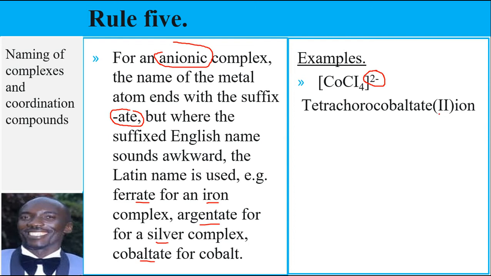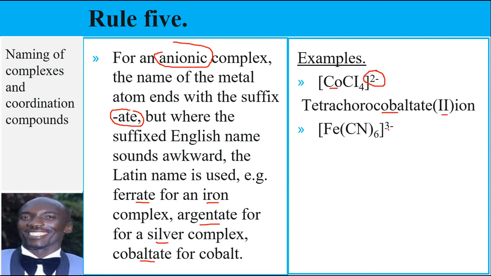Remember I said that we shall see how to get the number in the bracket, but I say it is the oxidation state or oxidation number of the metal atom, which is this one in this case. So the net charge is negative, and cobalt has changed to cobaltate.